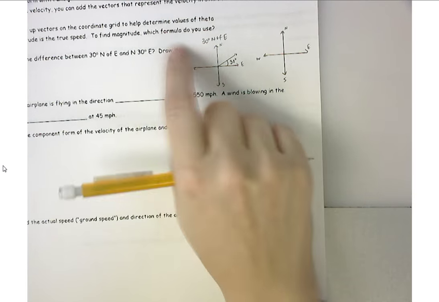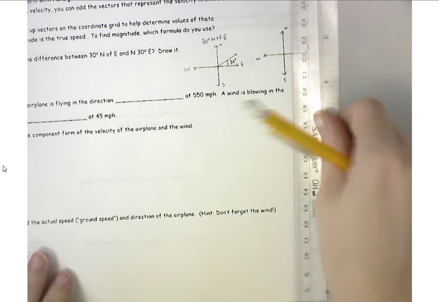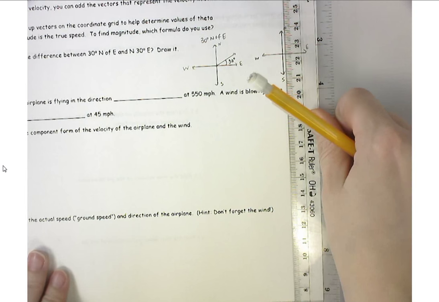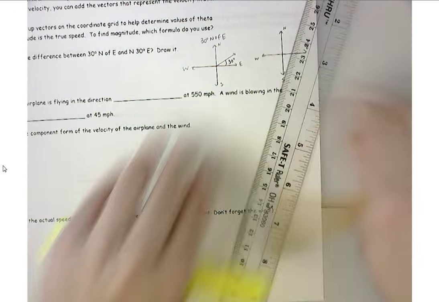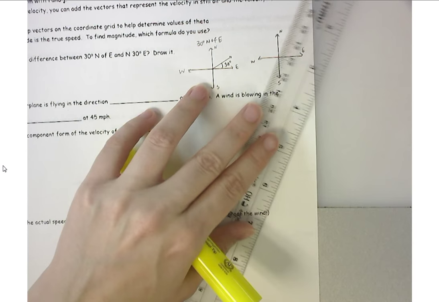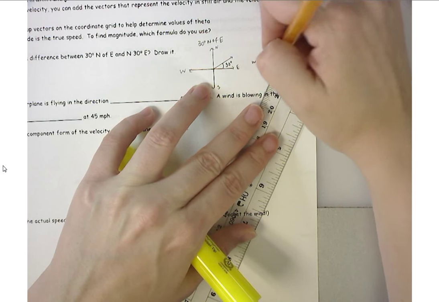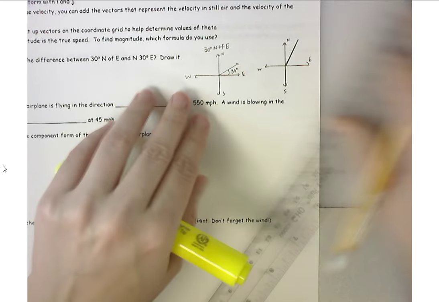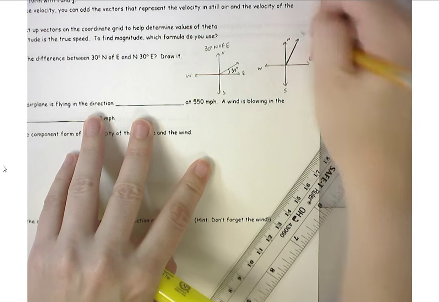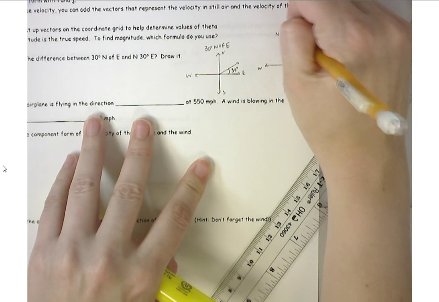Starting with the north means I'm going to start here. Okay, so I am going to start north, and then I'm going to adjust it 30 degrees to the east. So now my 30-degree angle is going to be here. So this is north 30 degrees east, where this is 30 degrees.